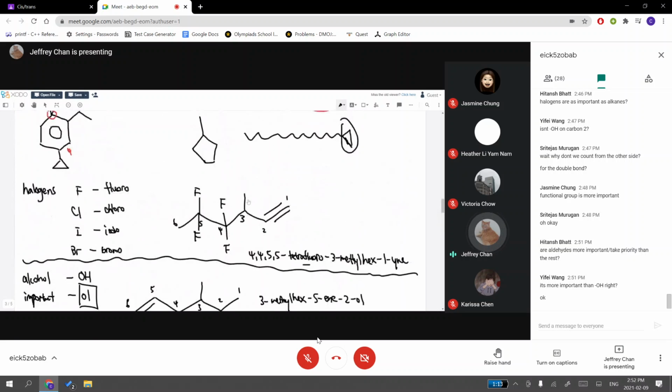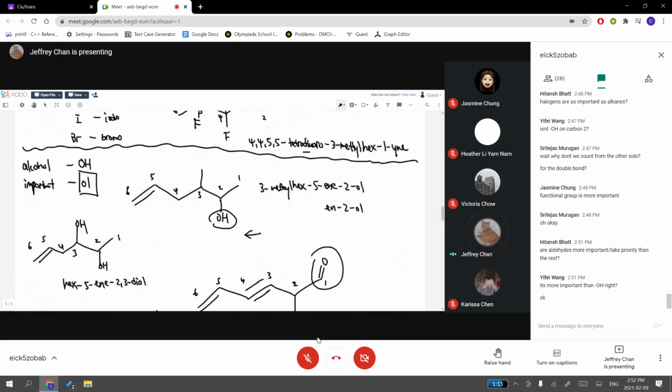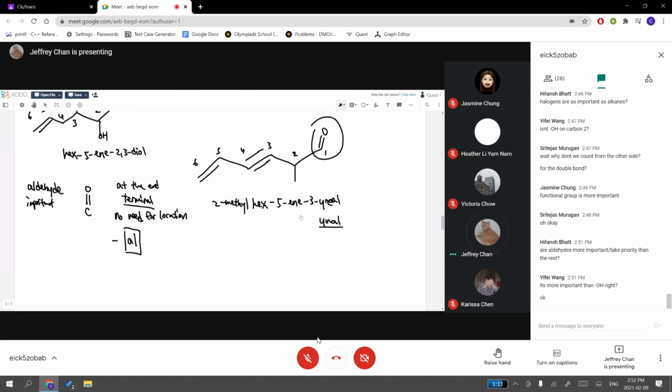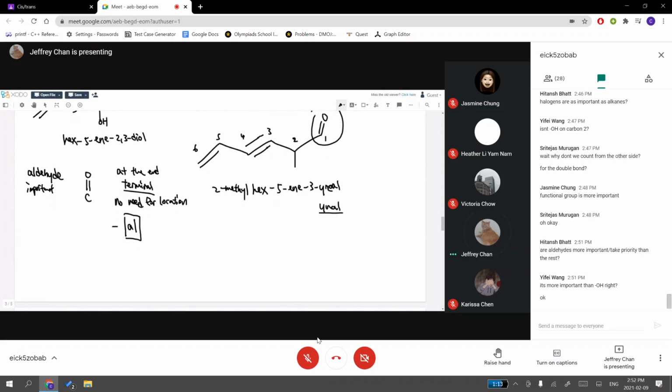With the exception of aldehydes, they're all more important than double bond or triple bonds. Okay? So that means you can also have something like this. You can have two aldehyde groups. Let's put a double bond here, right?